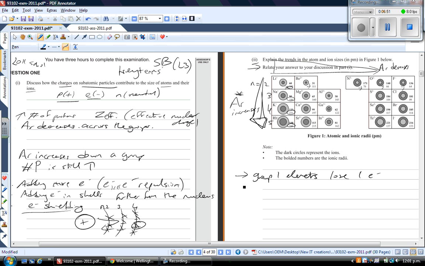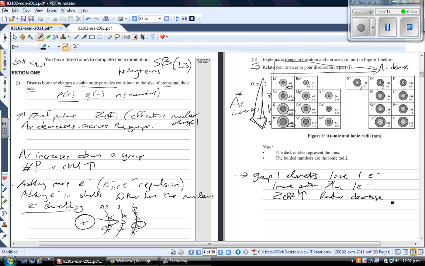And if you lose one electron, then you have one more proton than an electron. If you remember, atoms are neutral, so therefore you have equal numbers of protons and electrons, which you get from the atomic number. So as soon as you remove one electron, you have an excess of positive charge, so the effective nuclear charge increases, and the radius, atomic radius, will decrease.